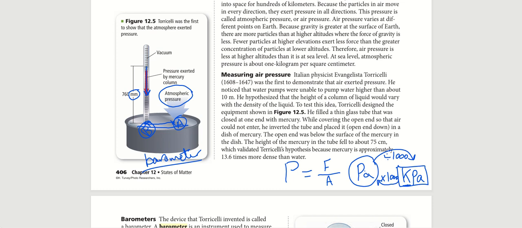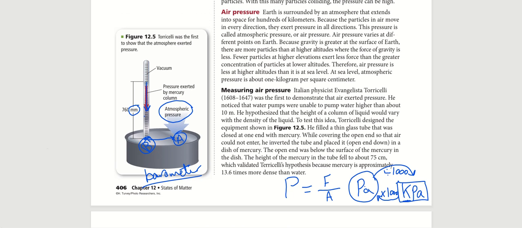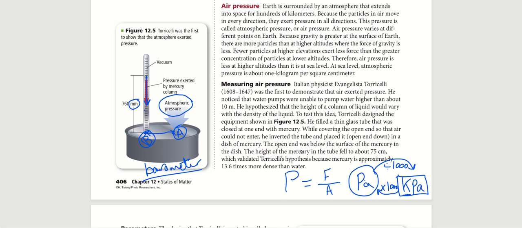If there is a difference in pressure, the liquid will keep moving either from the tube to the container or from the container to the tube. But because there is no difference in pressure, it stops moving, nothing to move. So what is happening here is the pressure at point A is equal to the pressure at point B.